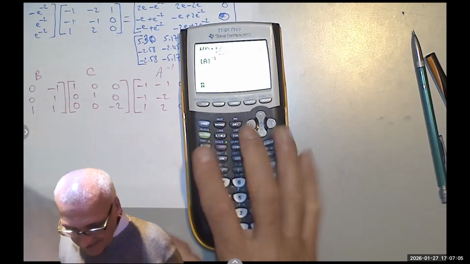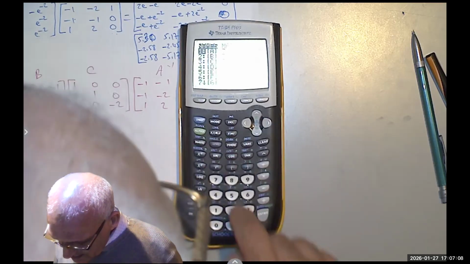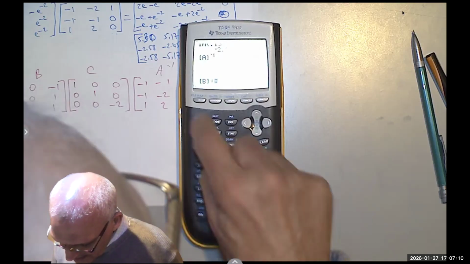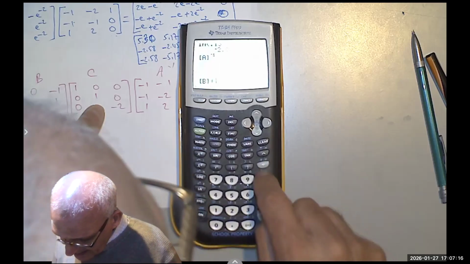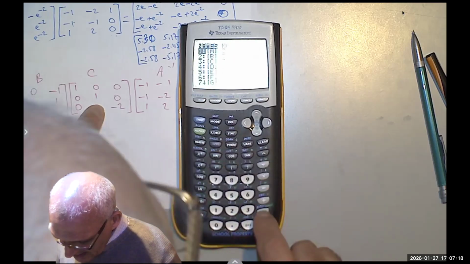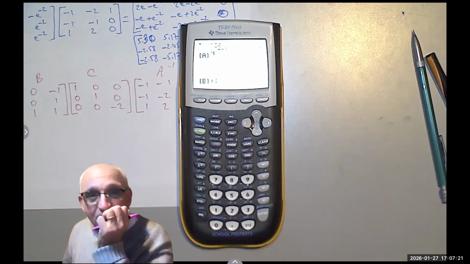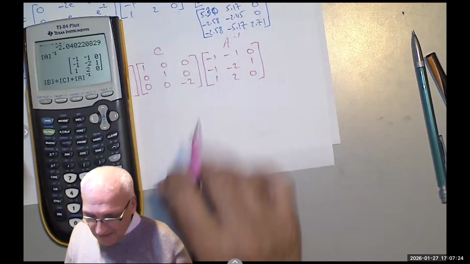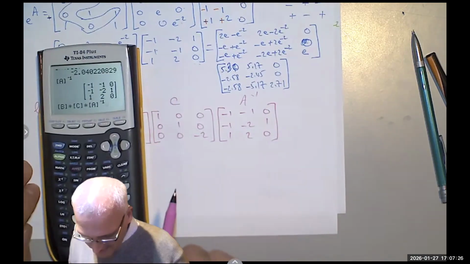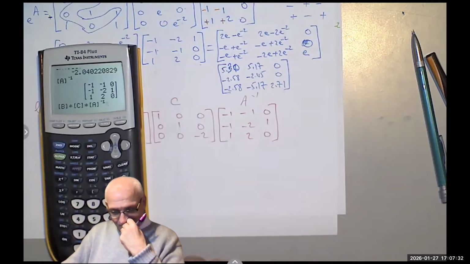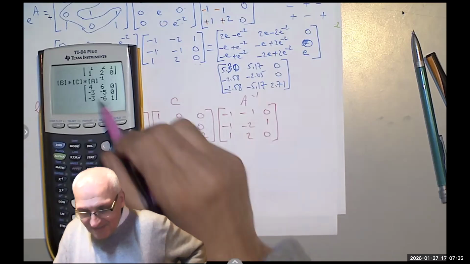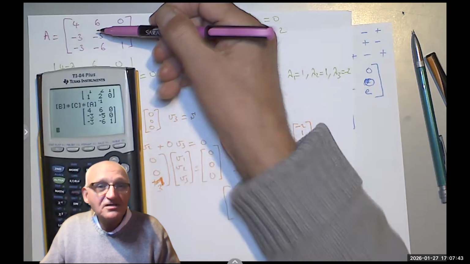And now let's multiply matrix B times matrix C times matrix A inverse. Oh my God. Somebody else come and press it. 4, 6, 0, negative 3, negative 5, 0, negative 3, negative 6, 1, which was our original matrix.